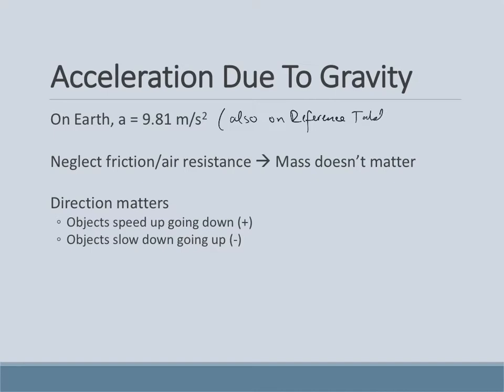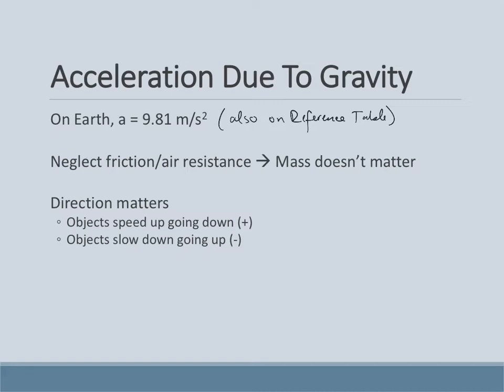It's going to come useful, especially since we use it so often. You're going to start to remember it anyway, and this number is constant. It doesn't change. It's always going to be 9.81 on Earth. That means your acceleration is a constant rate, which causes our speed to change at a constant rate.